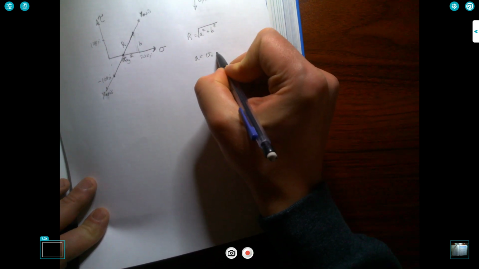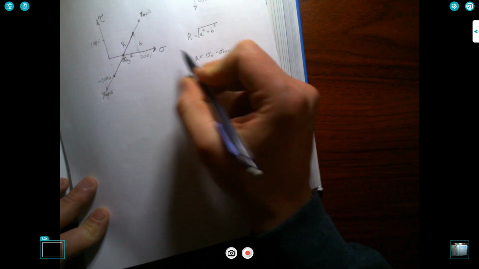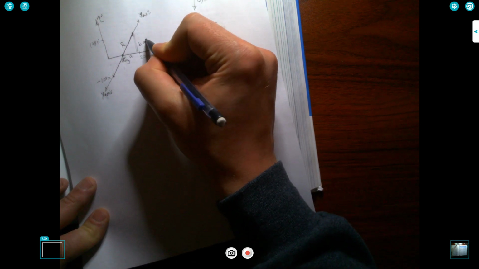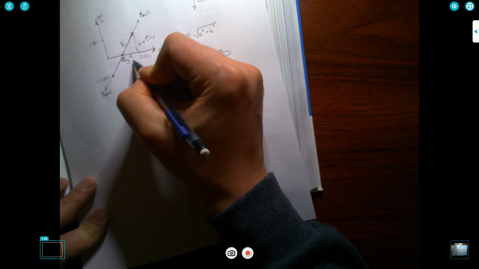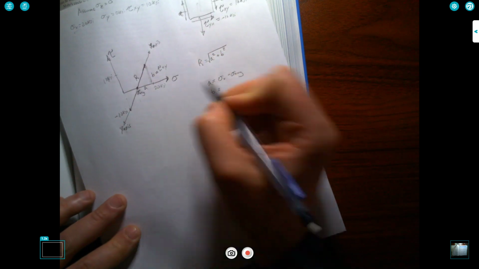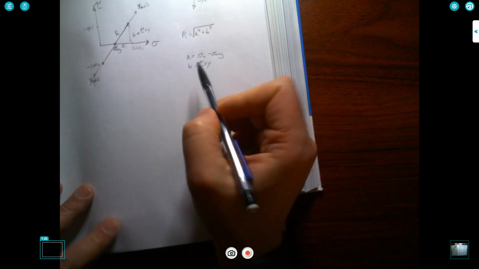Sigma x minus sigma average, and B is just our shear, tau xy, right here. So B is tau xy, and A was this sigma x minus sigma average. Run out of room over there. So that's our A and B.